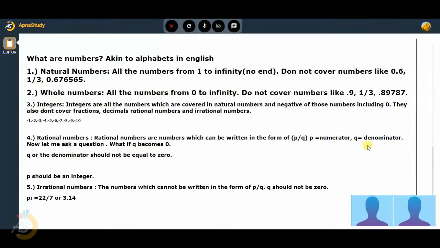For example, 0.6 is a terminating number. It ends at 0.6. There is no other digit after that. But if we divide 22 by 7 on our calculator, the calculator might stop at 8 digits after the decimal, but the expansion just goes on and on. So 22 upon 7 or pi is a never ending number.